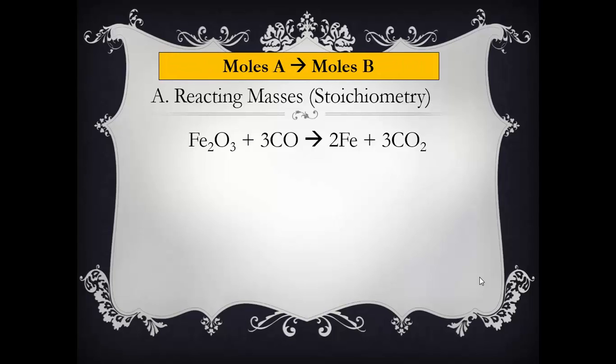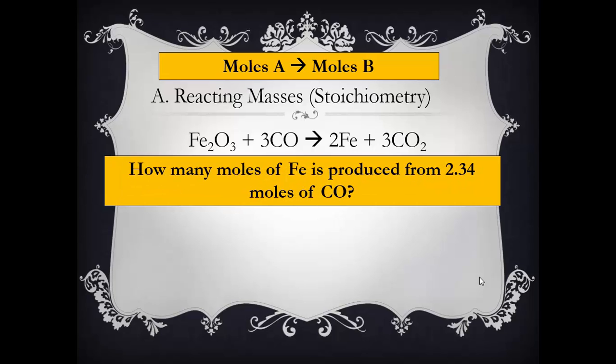Okay, so here's a simple moles A to moles B type of problem. Using the same reaction we balanced, how many moles of iron is produced from 2.34 moles of carbon monoxide? So like any other dimensional analysis problem, you start with your given, which is 2.34 moles. Draw your line. Since it's just moles to moles, you only need 1 cell or 2 cells.